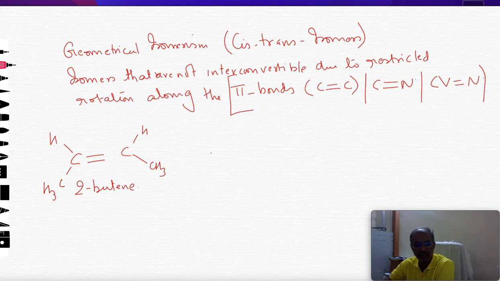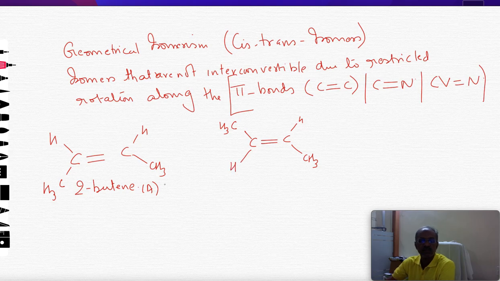Fine. Take for example, this is A. And take another molecule. Same thing, C double bond C. Here it is H. Here it is CH3. And just rotate the position of this; we will change the position of this.